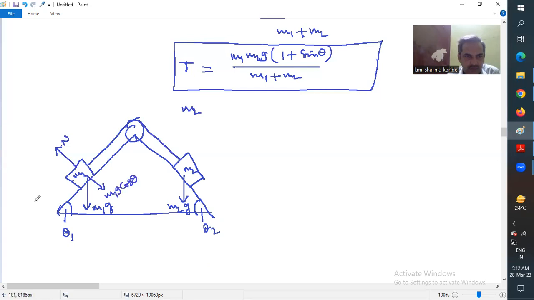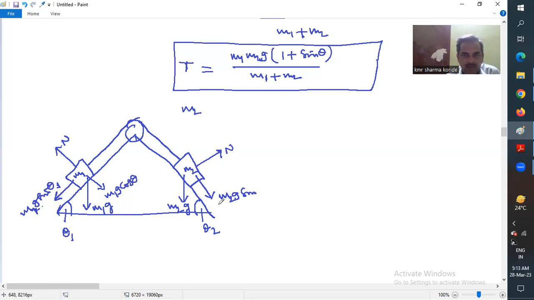Its weight has another component, m1g sin theta 1, which acts towards the bottom of the inclined plane, along the inclined plane. Similarly, this is the normal reaction. Next, its weight acts vertically down. Its weight acts along the inclined plane. Component of weight is m2g sin theta 2.